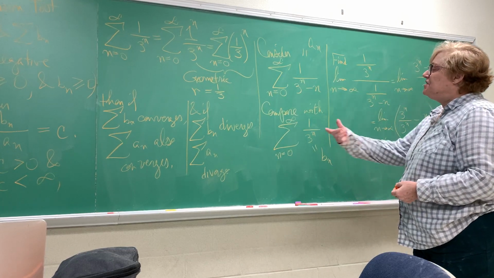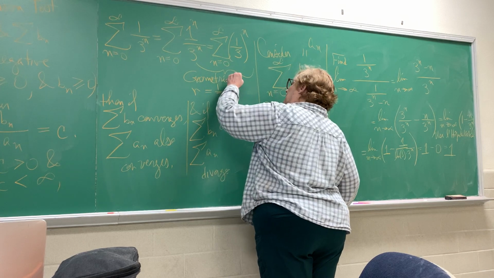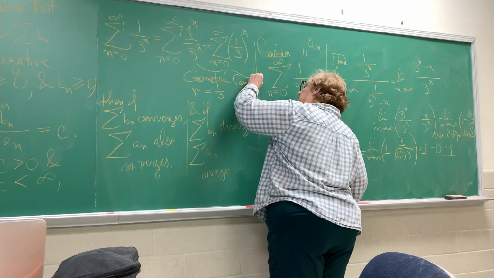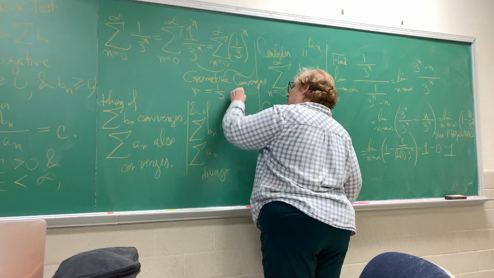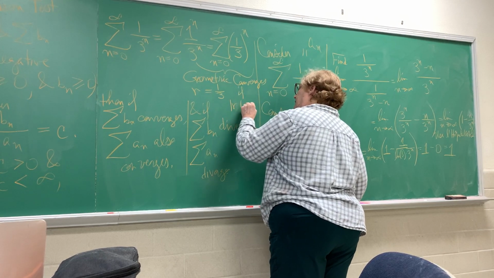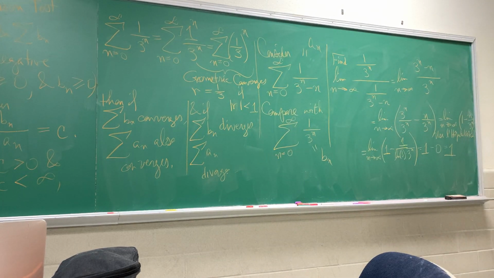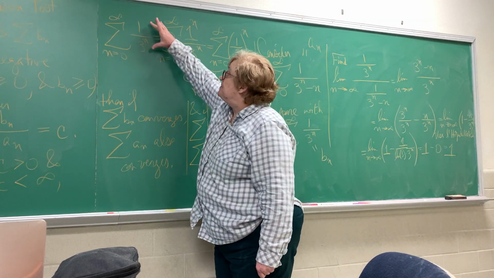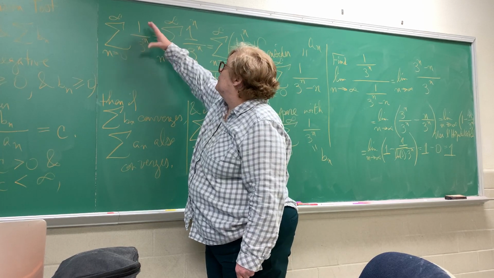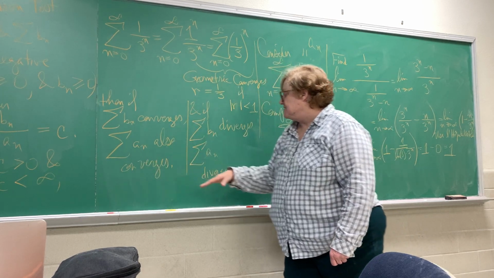And we said that a geometric series converges if that r in absolute value is less than 1. So we're good. And that means that this first series we looked at converges, and what does that say about the second series?